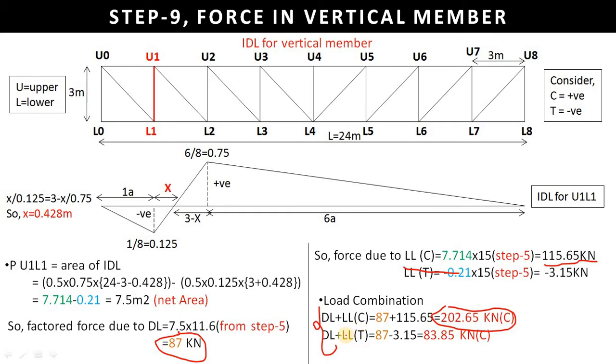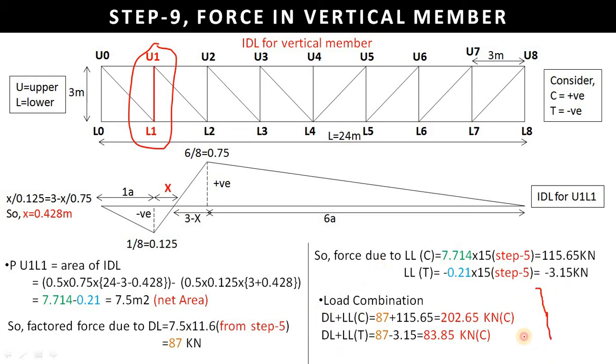Similarly, for dead load plus live load in tension, the dead load is 87.0 kilonewton and the live load due to tension is minus 3.15. So we have the value as 83.85 kilonewton as a compression. So we have seen the force in the vertical member U1L1 as 202.65 kilonewton, which is maximum, which can be used for the design of that particular member.